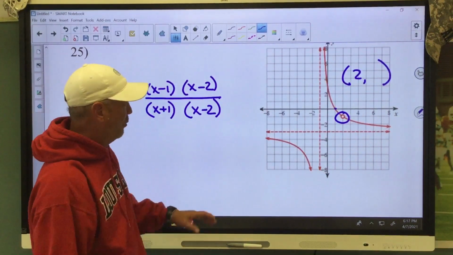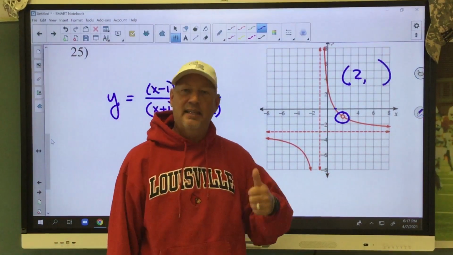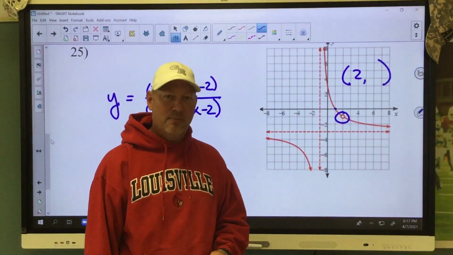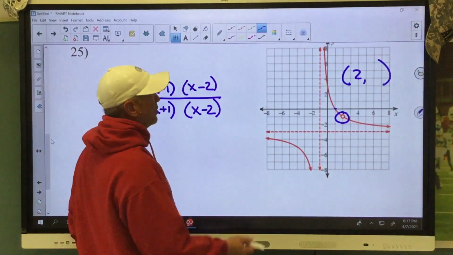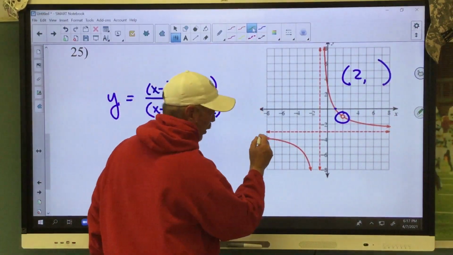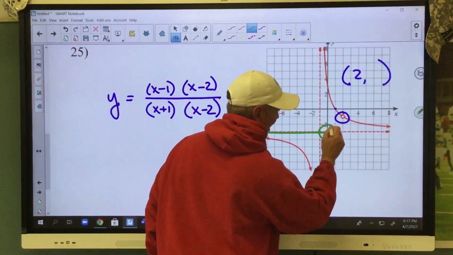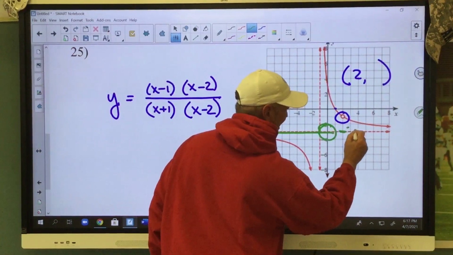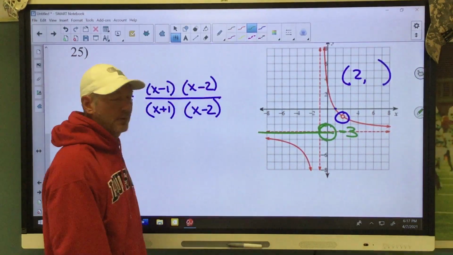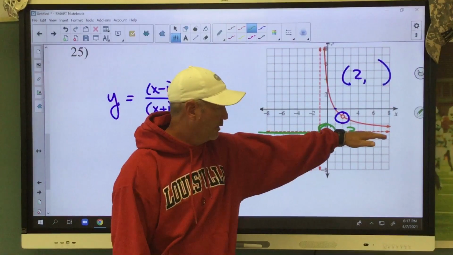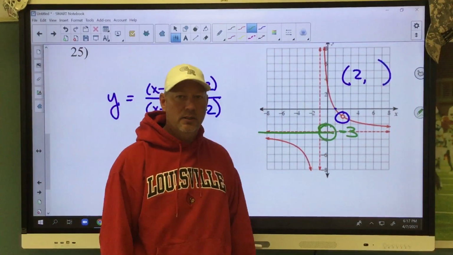Okay? Now, we've already looked at everything else except the horizontal asymptote. Where is my horizontal asymptote? It's right here, and it crosses at negative 3. My horizontal asymptote is y equals negative 3.